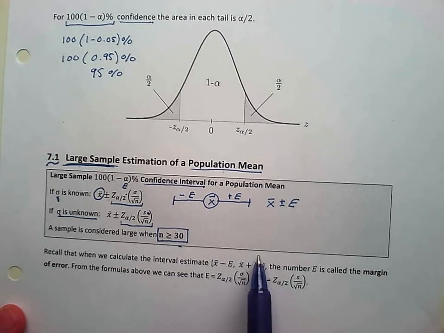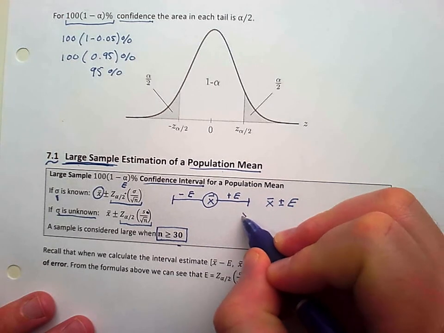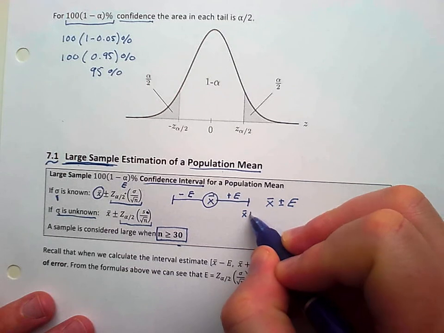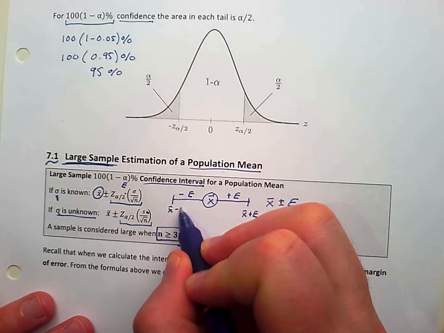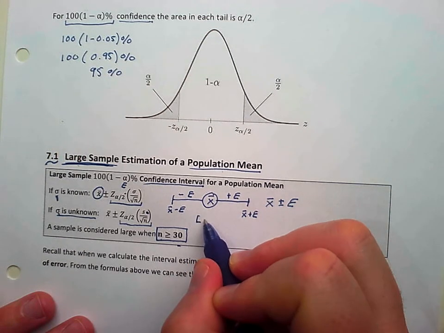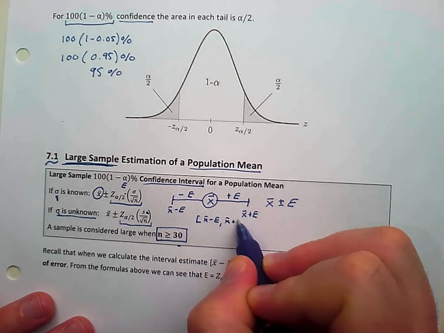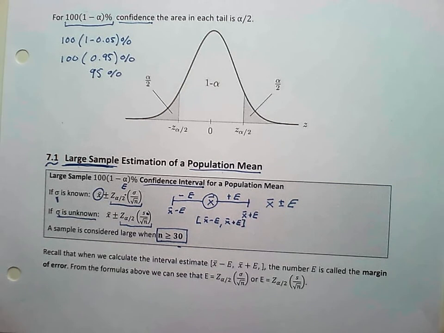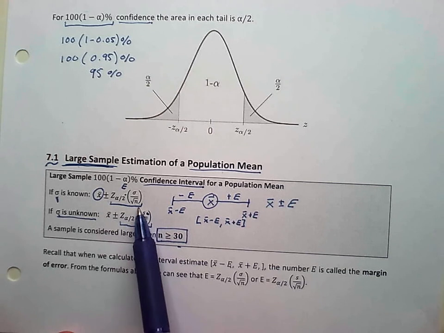All that this says is exactly what I stated up here in this problem. It says that the upper cutoff is x bar plus E, and the lower cutoff is x bar minus E. So if you were trying to create an interval, it would go from x bar minus E to x bar plus E. Here, capital E is our margin of error, what we're adding to and subtracting from.